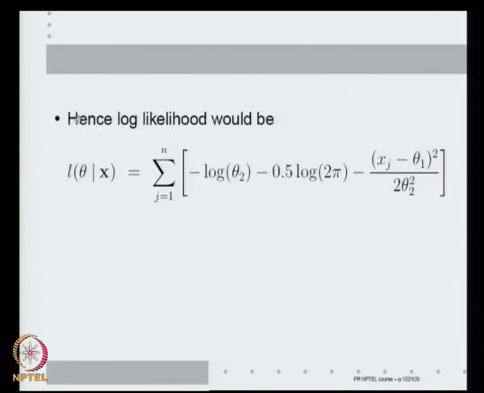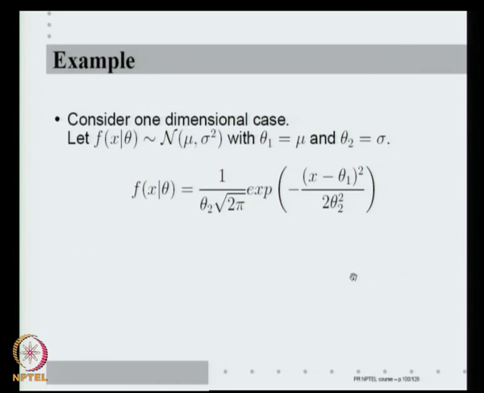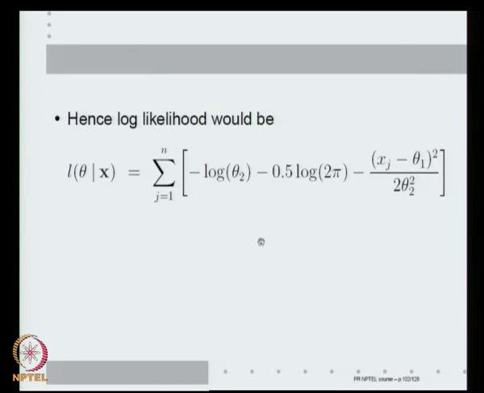So, the log likelihood is the sum over j is equal to 1 to n of minus log theta 2 minus half log 2 pi minus x j minus theta 1 whole square by 2 theta 2 square. So, this is the log likelihood function.